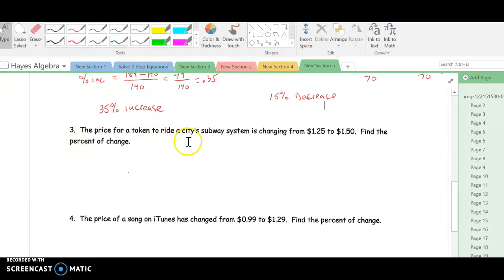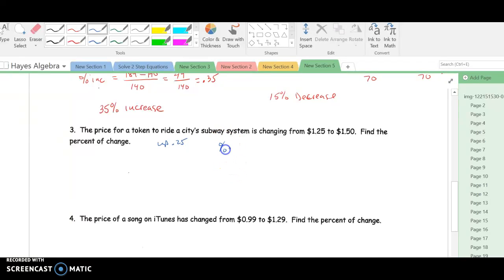So the price of a token to ride a city subway system is changing from $1.25 to $1.50. Find the percent of change. Well, what was the amount of increase or decrease here? Well, if you go from $1.25 to $1.50, it went up 25 cents.